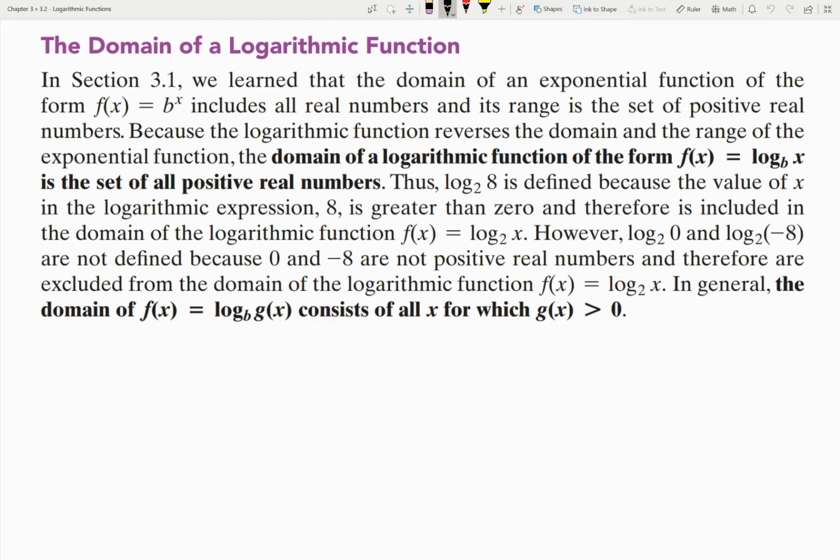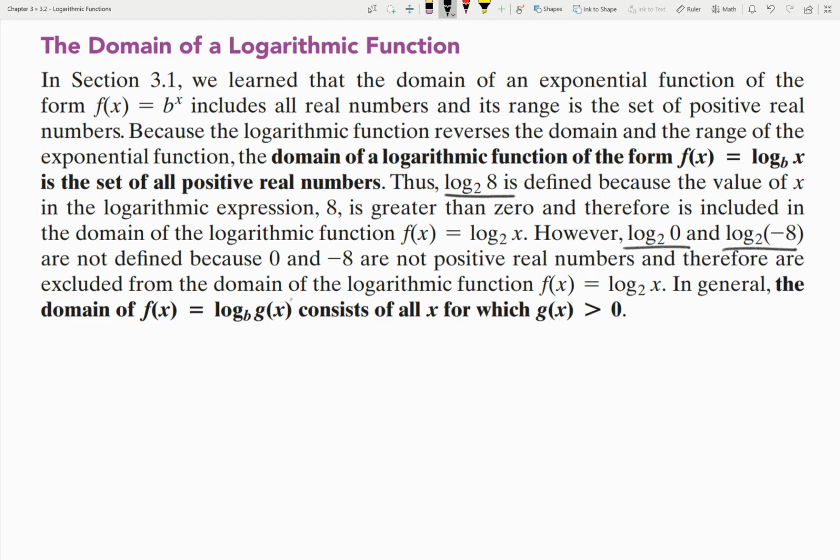So the domain of a logarithmic function in the form log base b of x is the set of all positive real numbers. So that means this is defined because 8 is a positive number. However, negative log base 2 of negative 8 is not defined. Log base 2 of 0 is not defined.